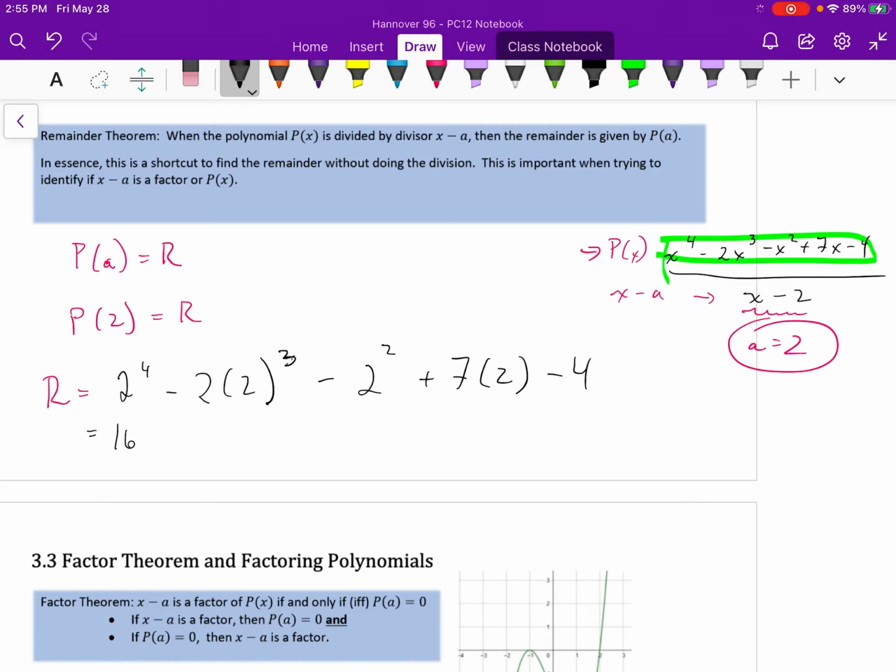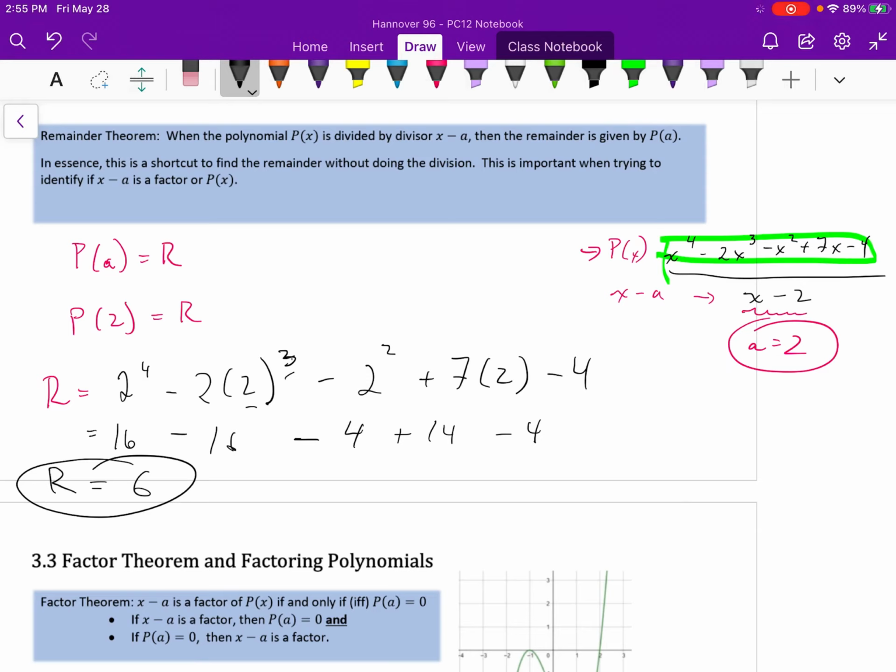Now 2 to the power of 4 is 16 minus 2 cubed is 8 times 2 is 16 minus 2 squared is 4 plus 14 minus 4. And what we see here is that the remainder is 6. This exactly matches up with my previous finding.